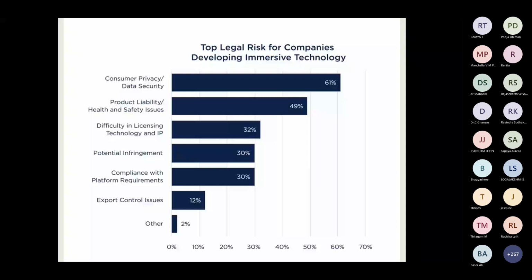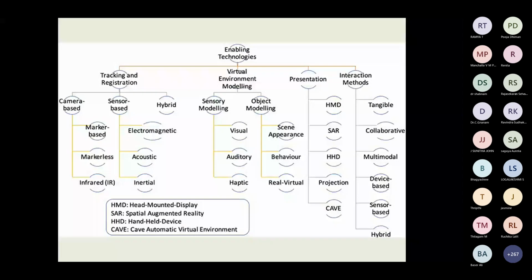So these are the technologies that enable immersive technologies: tracking and registration with the help of cameras and sensors, hybrid methods, and IR sensors like acoustic and industrial ones, and virtual environment modeling. Almost every institution has a virtual tour available.